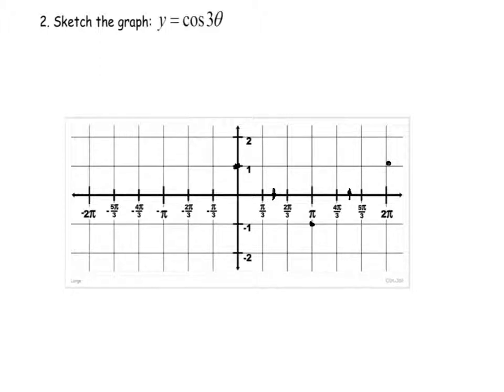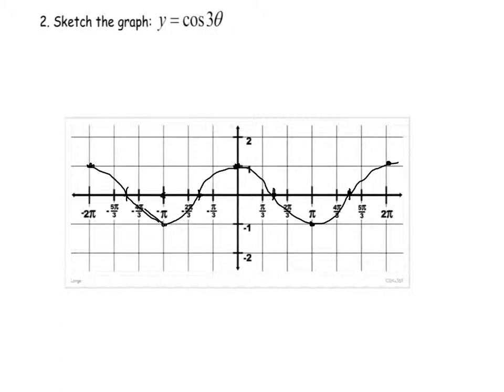This is just a regular normal cosine graph without any kind of shrinking. I'm going to continue on the opposite side.